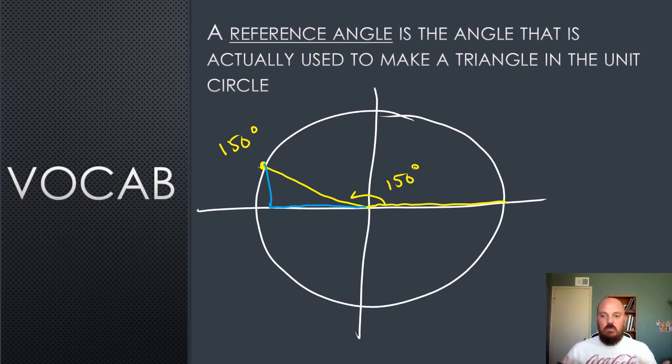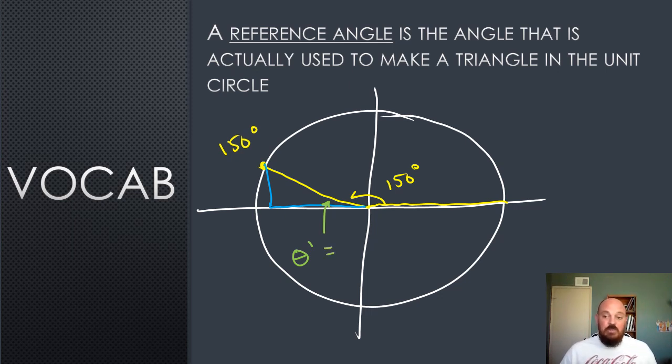Those are the values, the radical 3 over 2s and the 1/2 that you use to find the point. And the way we do it is using that little right triangle there. So this angle in the triangle is what we call the reference angle. Usually if the angle you're talking about is theta, we call it theta prime. If you put an apostrophe on it, that's usually the reference angle.